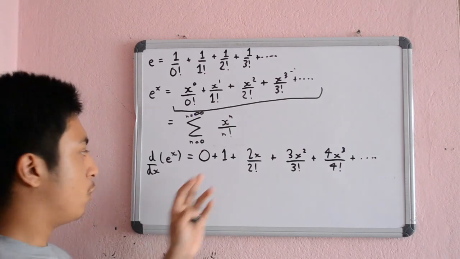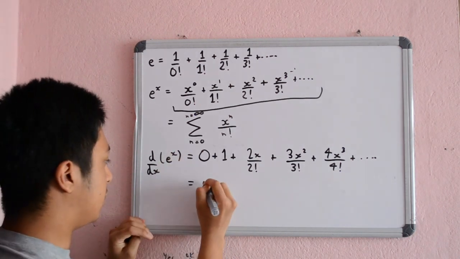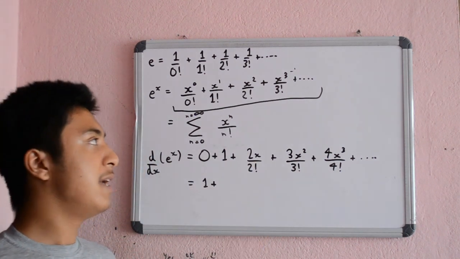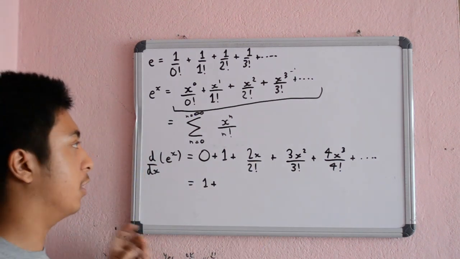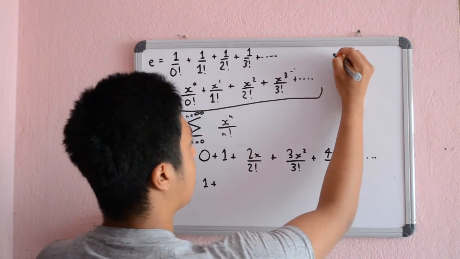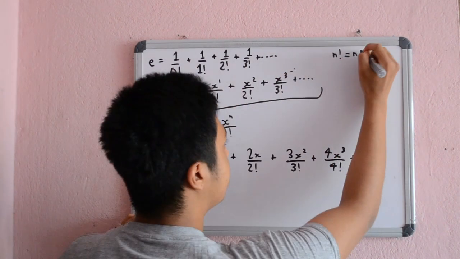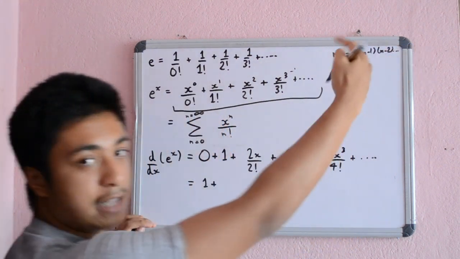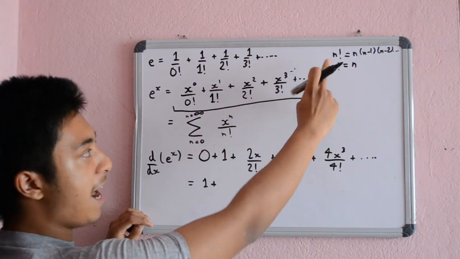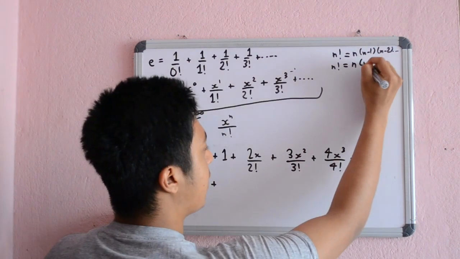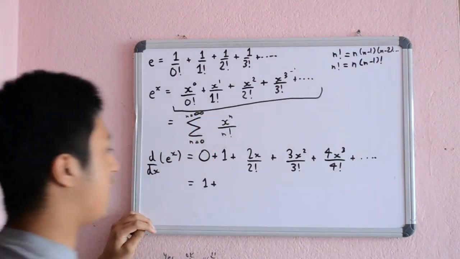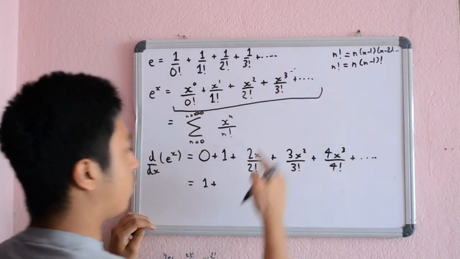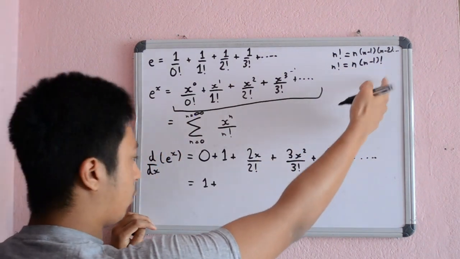So right here, we can just remove this 0. So it is just 1 plus here you have 2x by 2 factorial. And we can use the property of a factorial. We know that n factorial is just n into n minus 1 into n minus 2 into n minus 3 and so on. So you can rewrite n factorial as n into n minus 1 factorial.